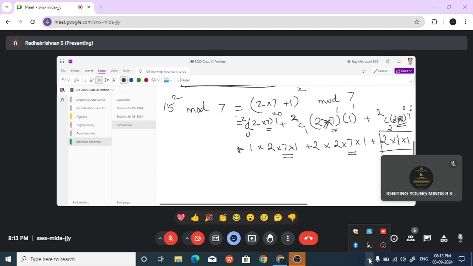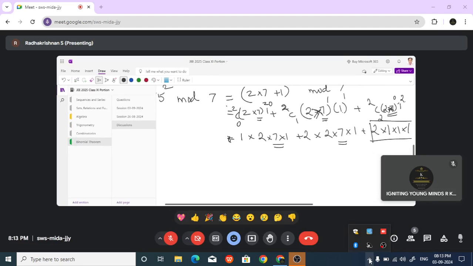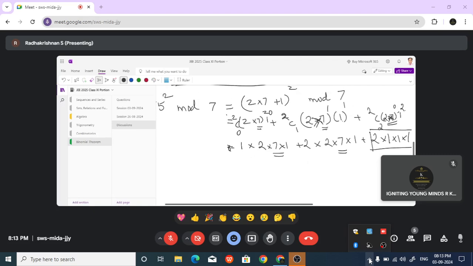So 15 square mod 7 is same as the last term mod 7.